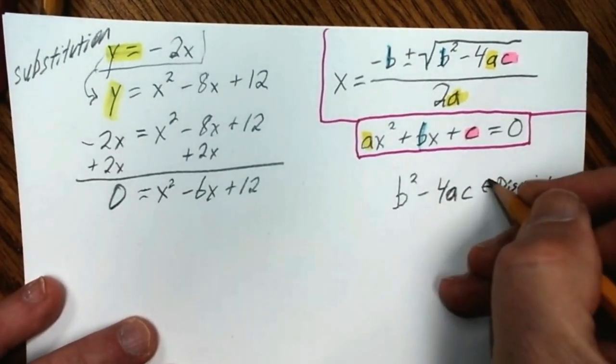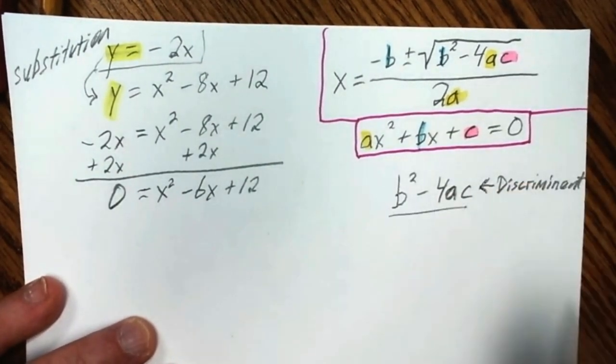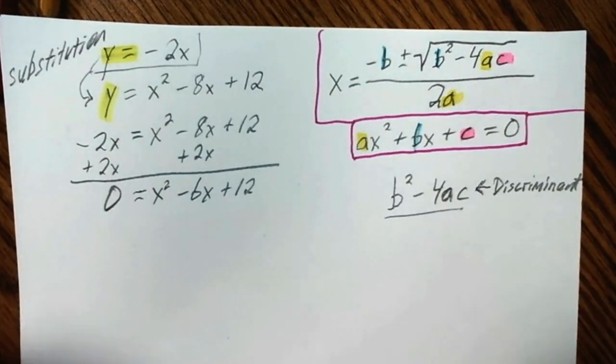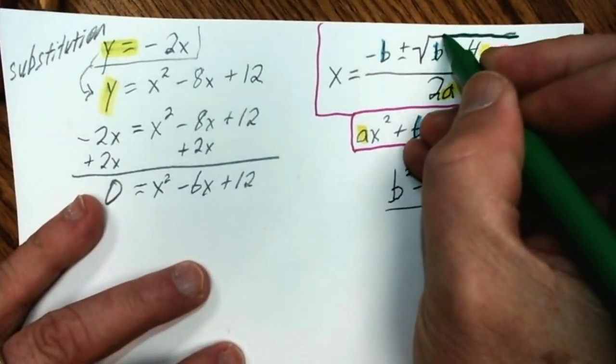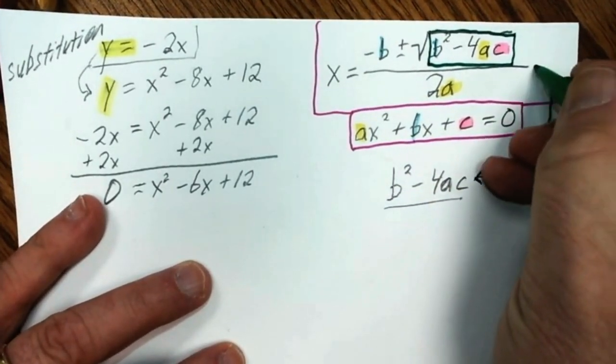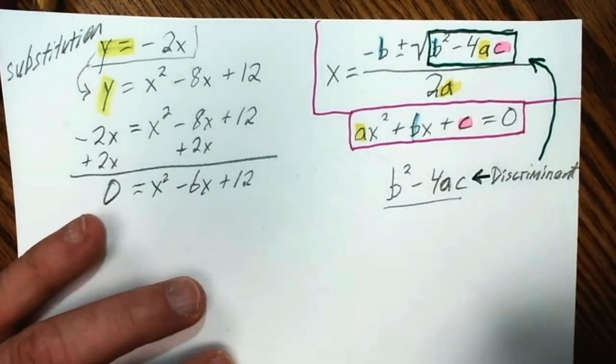That's what this is called. And that is just this part of the quadratic formula, right? That is known as the discriminant.